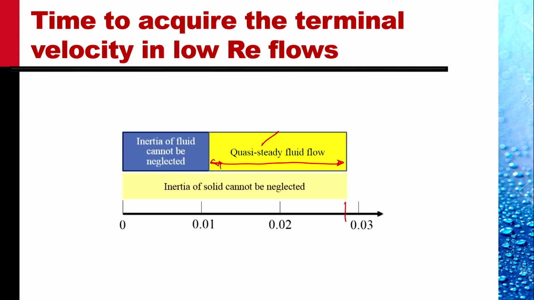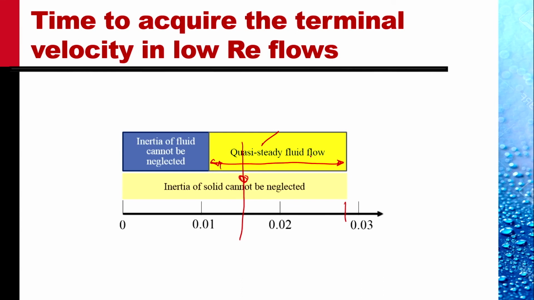The whole picture at time, say 0.015 seconds, whatever be the velocity of the solid sphere at that time, the fluid will behave like it is moving past the solid at that velocity, at that constant velocity.